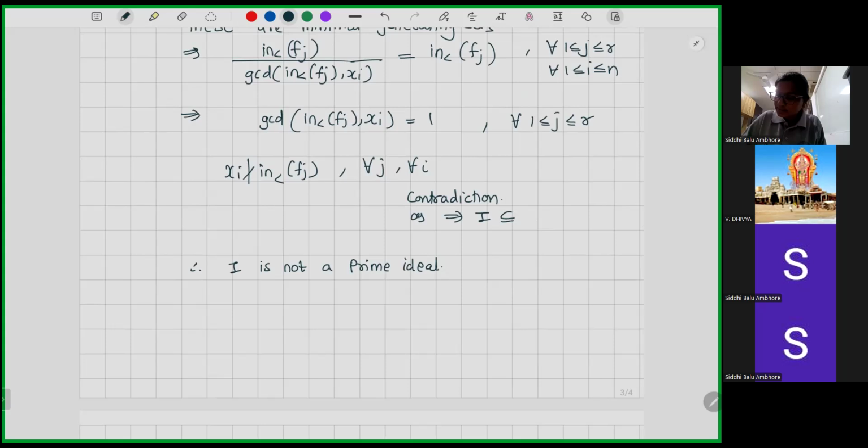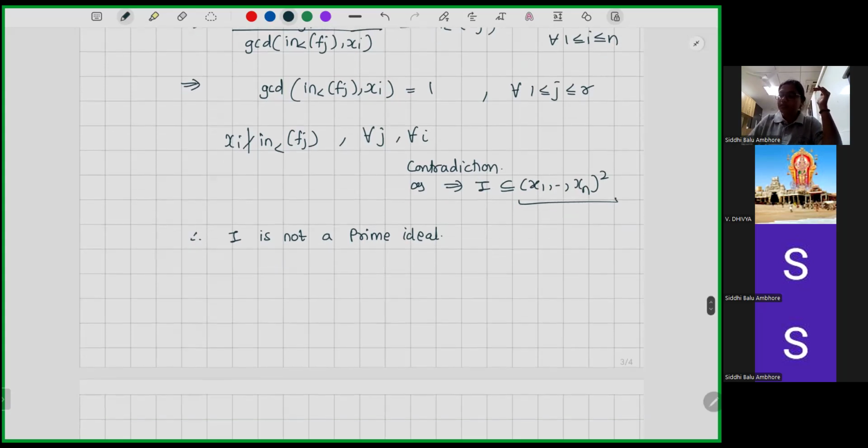You can just say that because I is contained in (x1, ..., xn) squared, and we proved this fact in I think the second or third lecture of these live sessions, that if I is an ideal inside this ideal, then all the elements of the Gröbner basis of this ideal will have degree greater than or equal to 2.